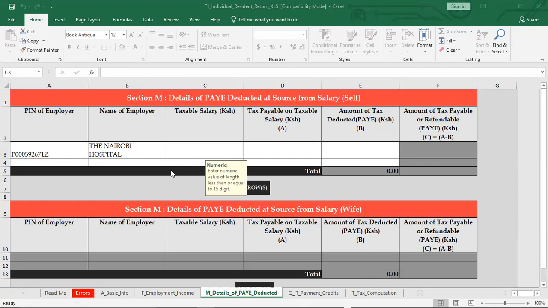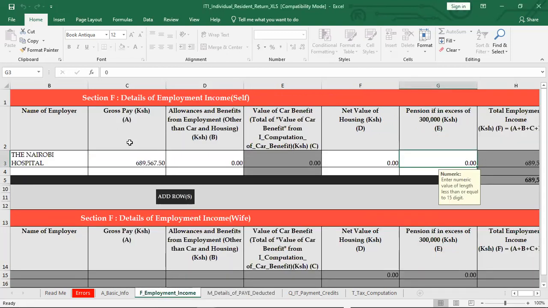So when we were here, F employment, we agreed that gross pay is A. It is in column A in the P9, which is gross salary. Take the points there. Gross salary is gross pay. That is the total. So gross pay, that is a basic salary. You add all the allowances, bonuses. That is when you arrive at the figure of gross pay.